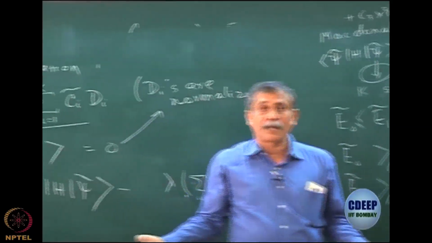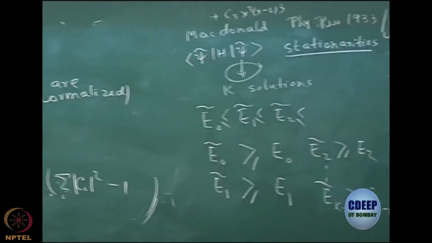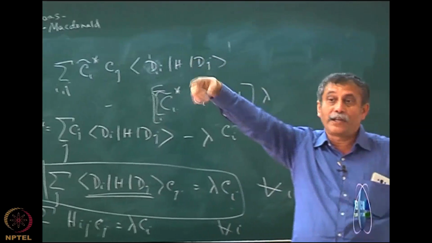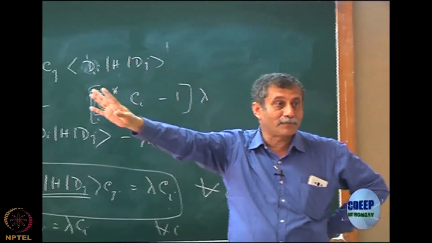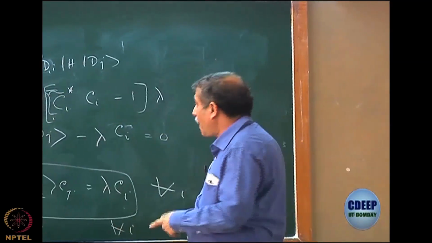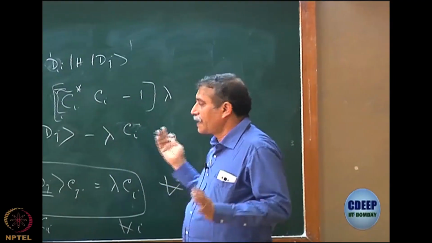If these were eigenfunctions of the Hamiltonian, I would not do this. My D's would already be eigenfunctions, right? I expanded psi tilde in terms of eigenfunctions at that time only to show the upper bound principle. Of course, I do not know the eigenfunctions. So these are some bases in which you calculate this matrix element and then solve an eigenvalue equation.